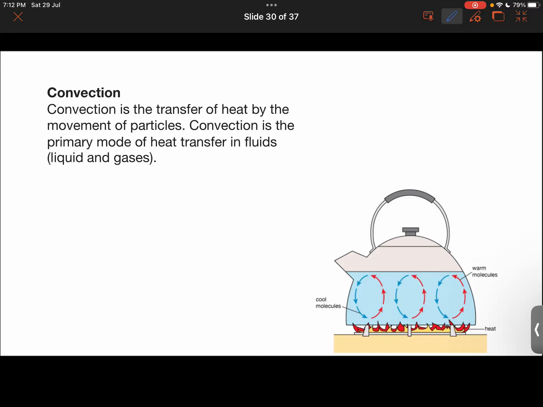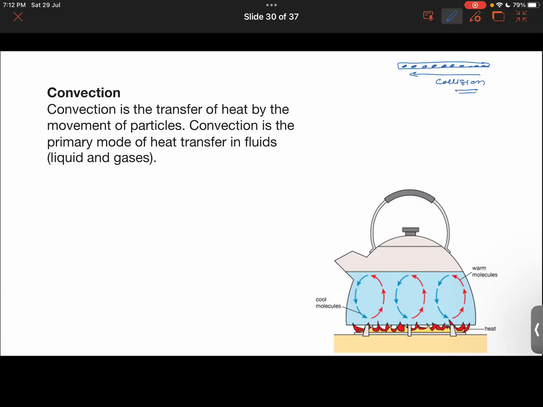There is actual movement of particles of the liquid or gas in this method. While in conduction, we were saying that there was no actual movement of the particles of the object. By collision between them, the transfer of heat was taking place.